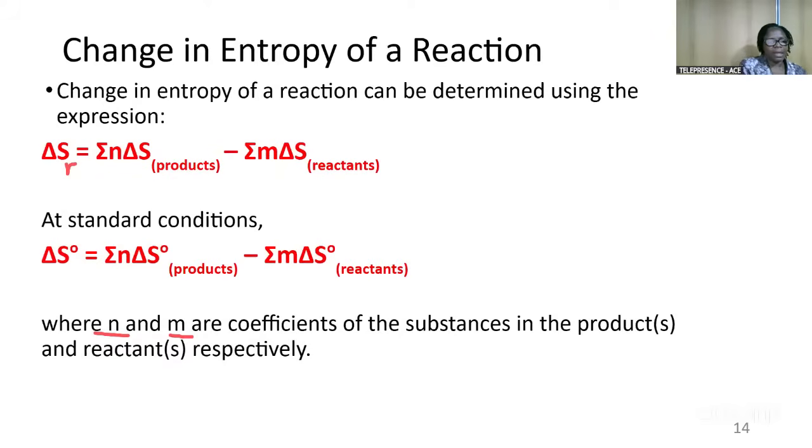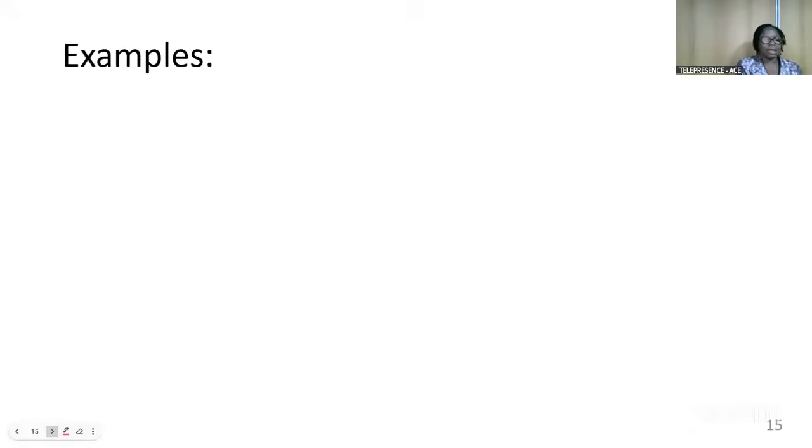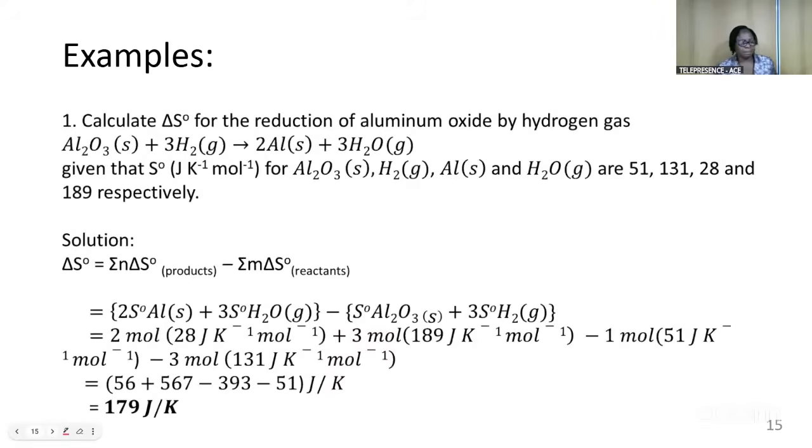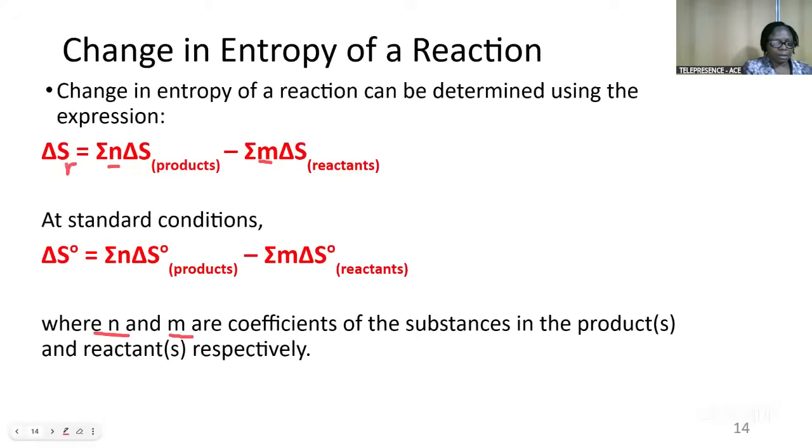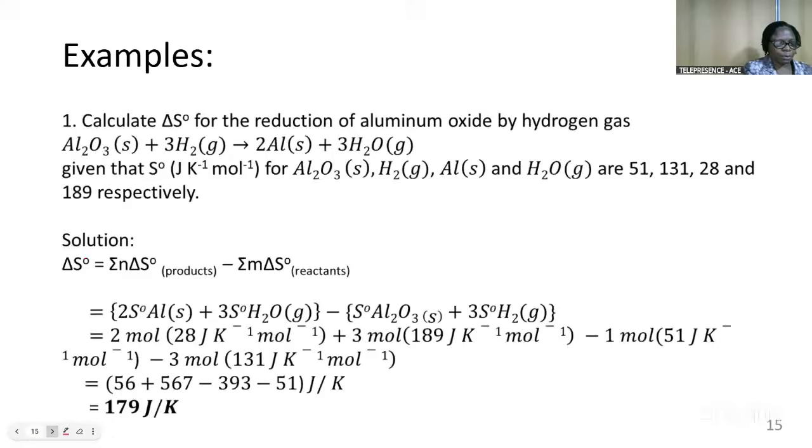So n is for products and m is for stoichiometry of the reactants. This is very important. I want to take an example for us to see. In this example, we can see practical application of what we're saying.